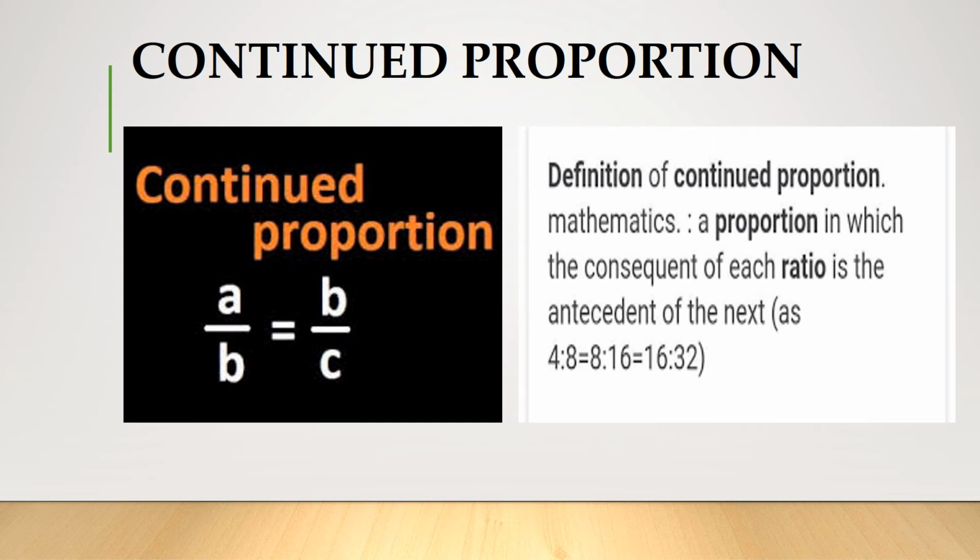When the consequent of the first ratio becomes the antecedent of the next ratio, such ratios are said to be in continued proportion.